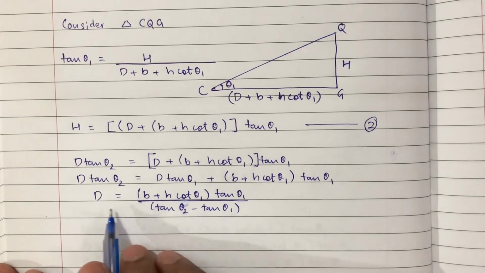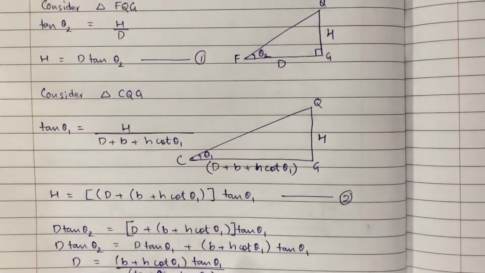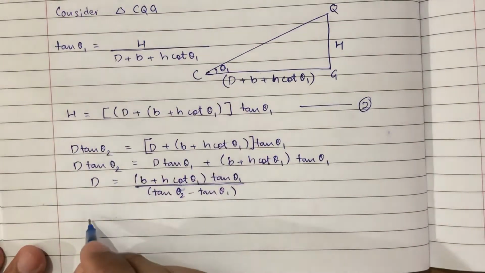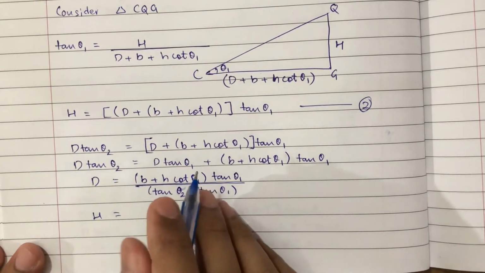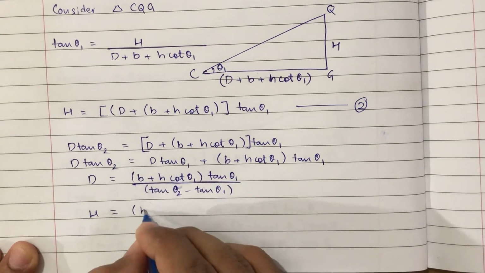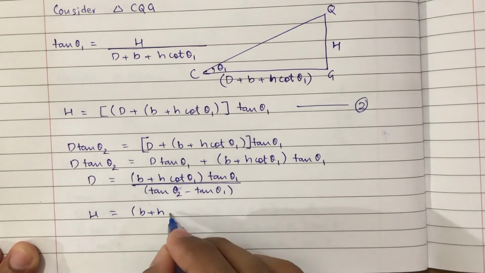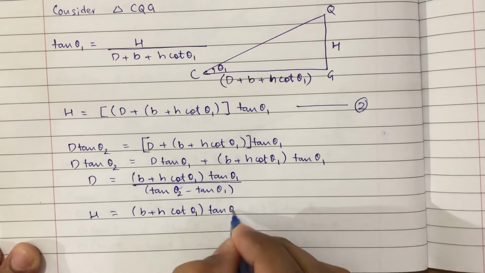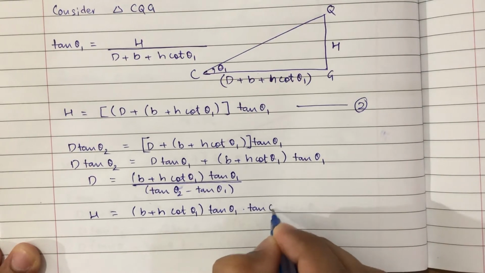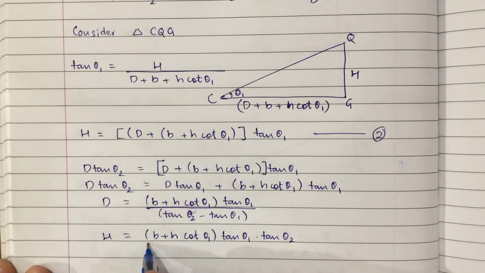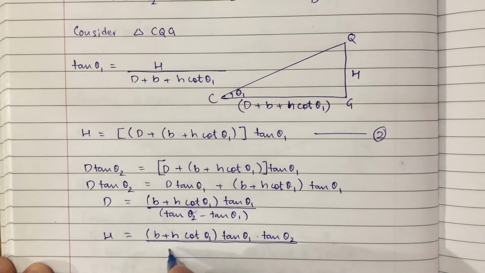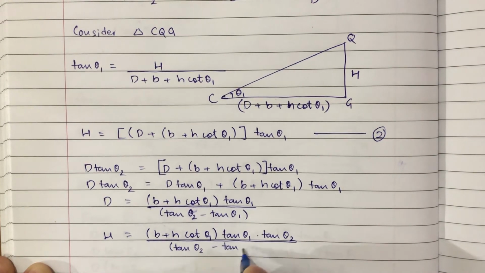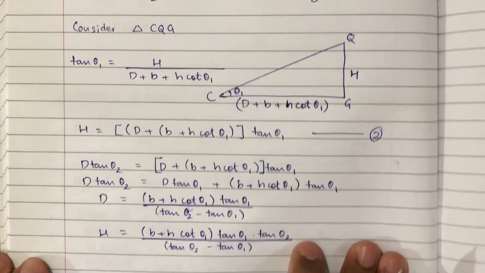Now substituting this value of D in equation 1, we will get the value for height H. So H will be equal to b plus h cot theta 1 tan theta 1 into tan theta 2 whole divided by tan theta 2 minus tan theta 1.